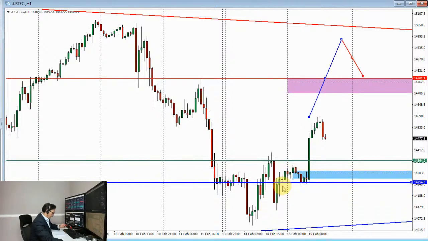I have a couple of good levels. Dollar CAD looks really good. Sterling dollar, oil, I want to talk to you about that as well. And possibly Dow Jones as well. But so far, yeah, I'm going to leave it running.